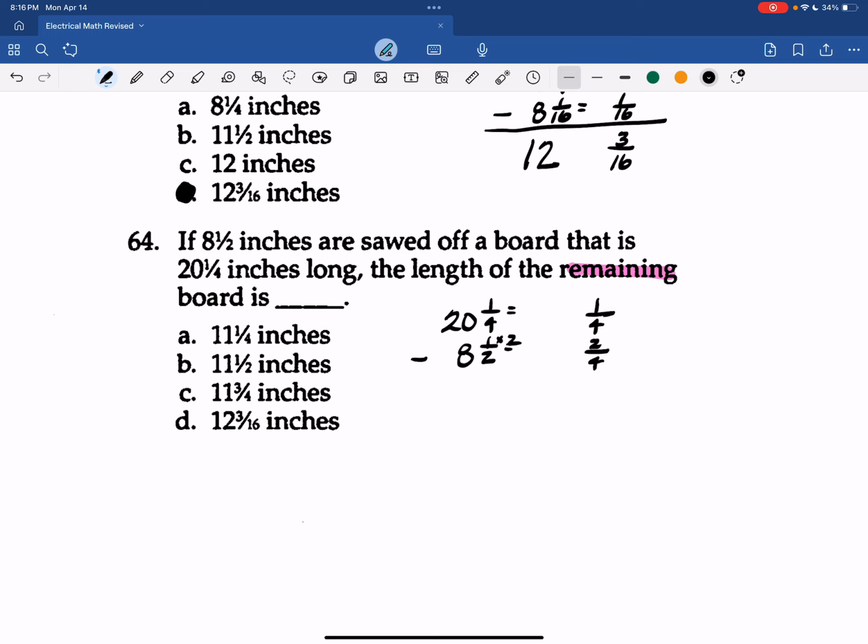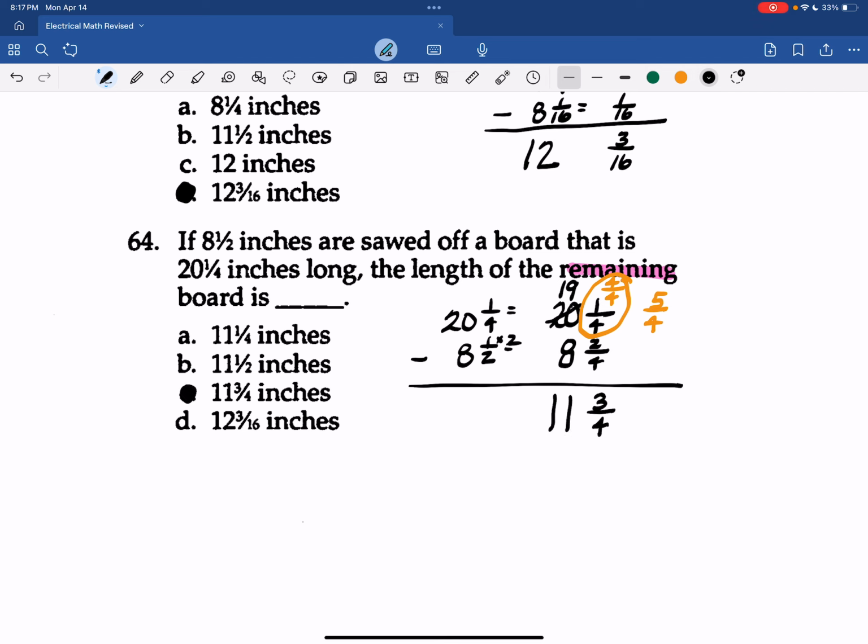We've got the common denominator, but the bottom number's bigger, so we have to borrow. So I will make this become 19, and the one that I borrowed, I'm going to write it as 4/4. So those get combined into 5/4. 5/4 minus 2/4 is 3/4, and 11.